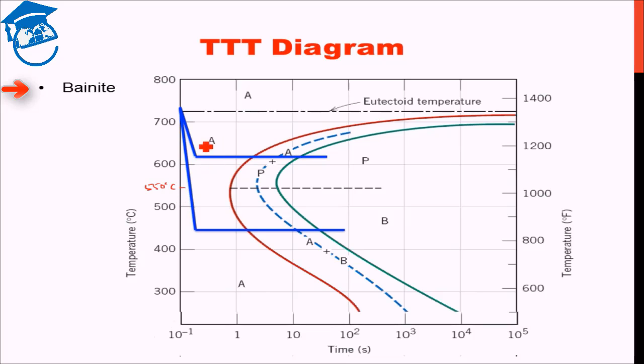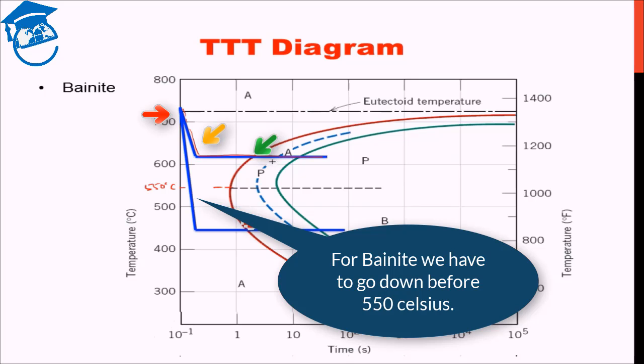What we do is this, just to show you, this is the pearlite formation isothermal curve. For bainite, you go below 550 degrees Celsius. 550 degrees Celsius is kind of a nose. Beyond that, the kinetics slows down again.